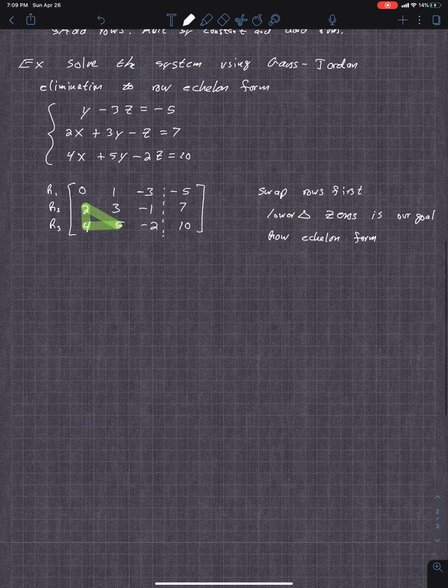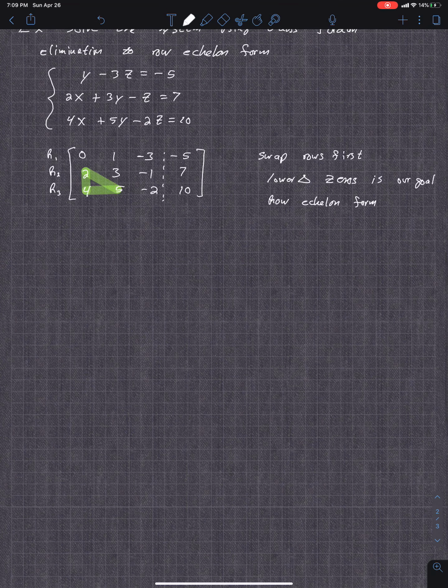Okay, so let's just swap those rows and we get this. We're going to swap row 1 with row 2, so you can indicate what you're doing to help figure out what's going on.